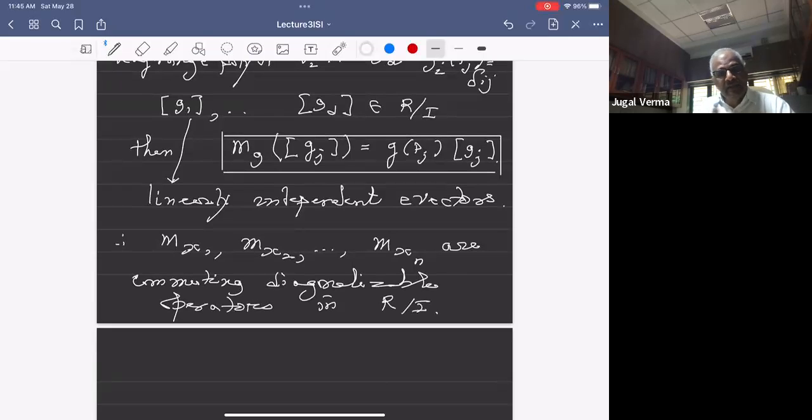This is a complex vector space, and I have commuting diagonalizable operators. Do you know anything about the eigenvectors and eigenvalues of commuting operators from your linear algebra course?